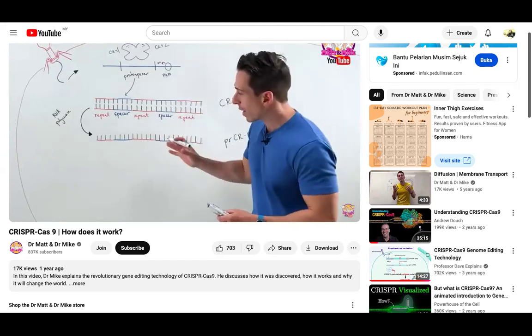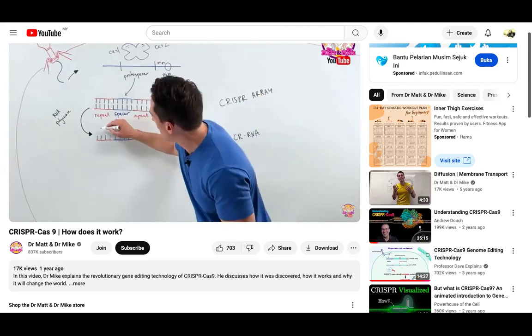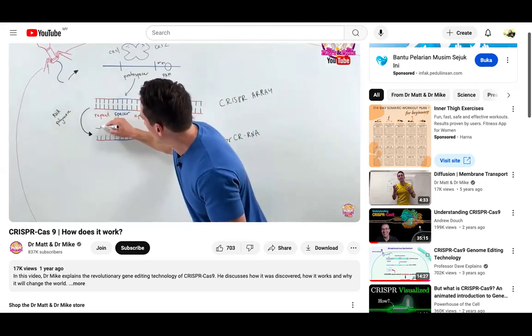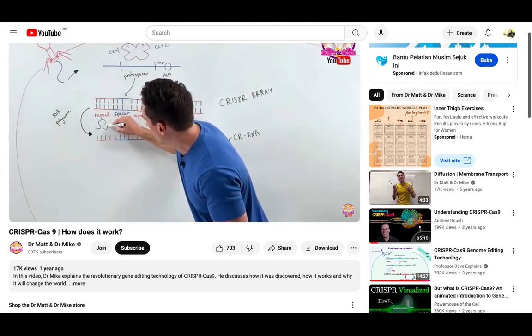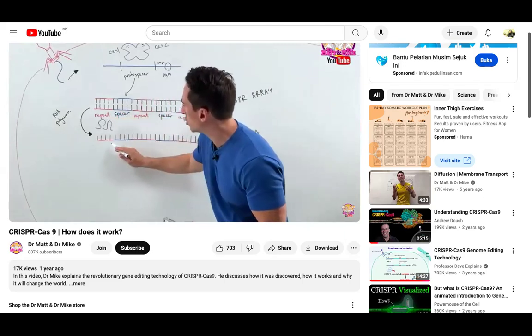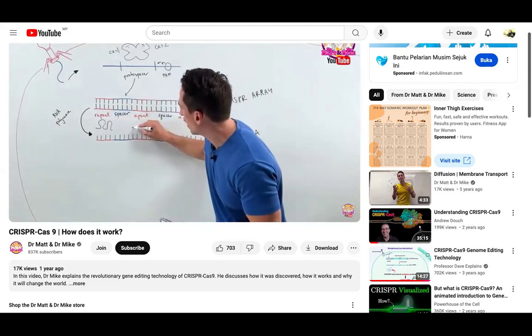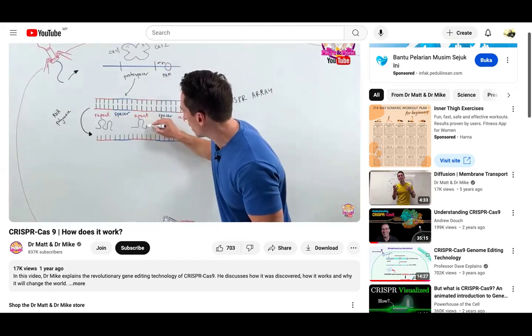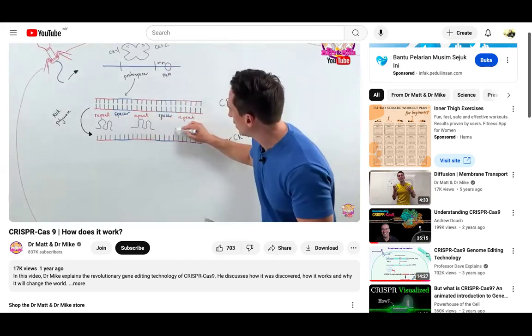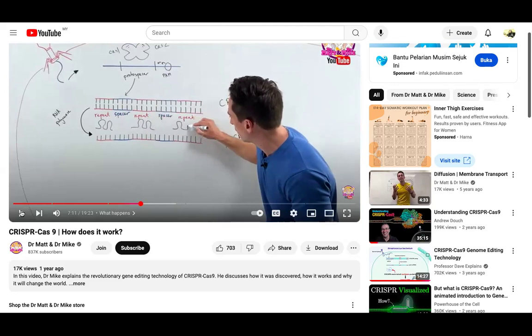So if we were to draw it up, we have different RNA sequences where parts of them match perfectly with the repeats, and other parts don't.